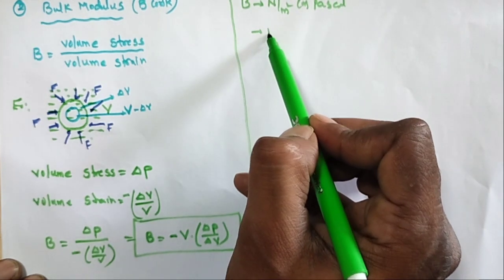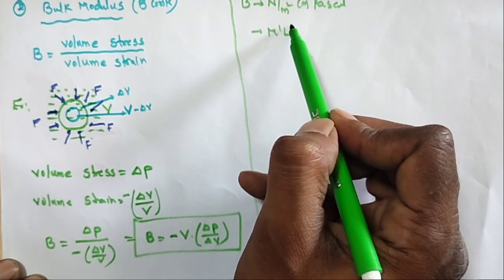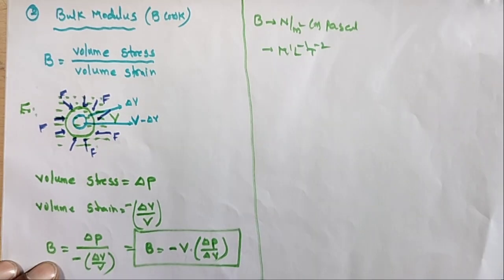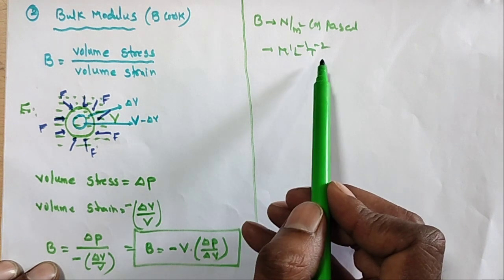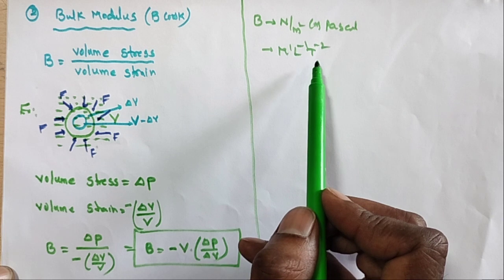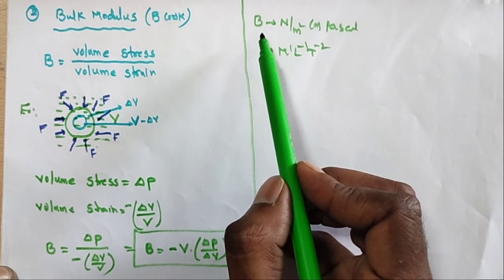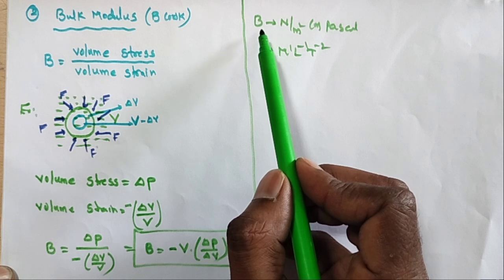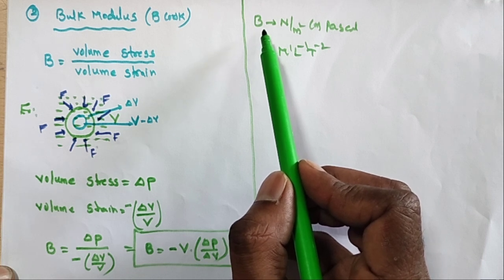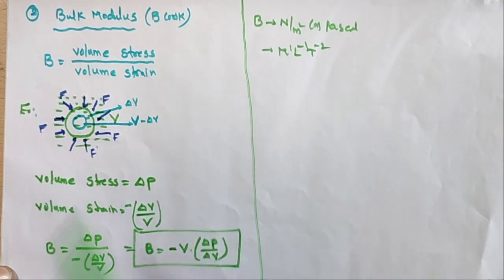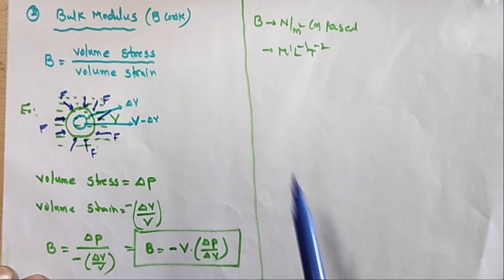What is the dimensional formula? M1 L minus 1 T minus 2. This is the dimensional formula of the bulk modulus. Therefore its dimensional formula is also equal to that of Young modulus, the rigidity constant, and stress. All are equal. So this is about the bulk modulus.